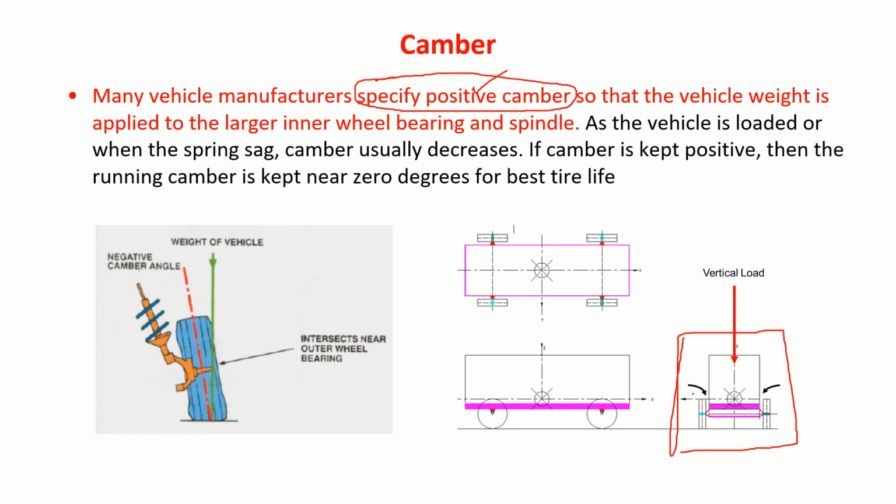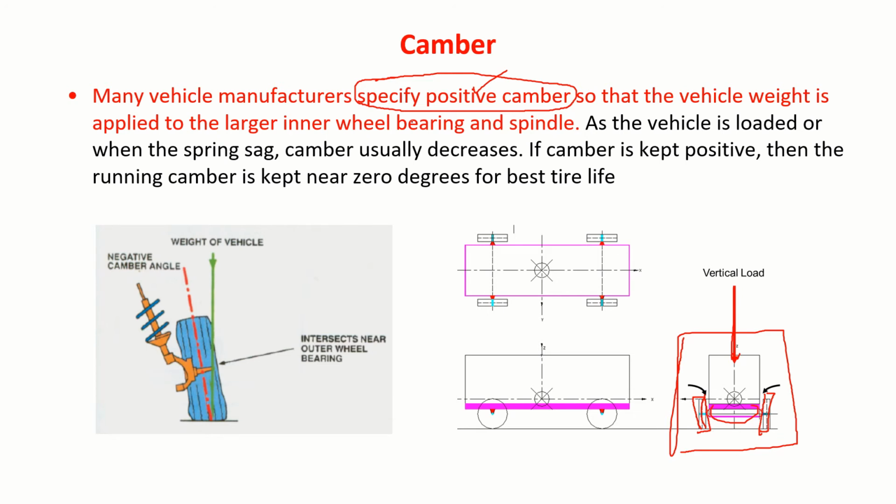In the unladen condition, if it has a positive camber, the wheel would tilt a little bit, depending on the camber angle. But the moment it is loaded, this suspension system will push it so that the wheels become vertical, so that while running, they remain vertical.